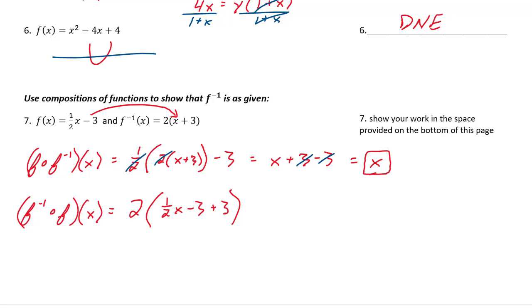Well, I can immediately see that a minus 3 plus 3 cancel each other out, so this would be rewritten as 2 times, and all that's left is 1/2 x. Well, 2 times 1/2 also should cancel each other out, turning into 1s. So this would also leave x. So since both of those turned into x, we can say with confidence that yes, that truly was the inverse of f.